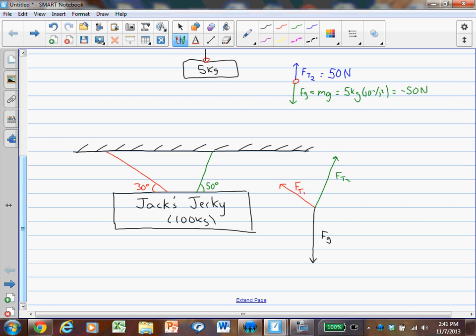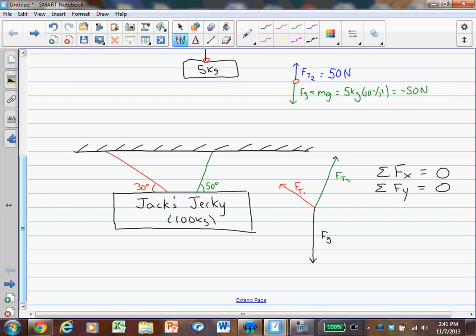So there's our free body diagram. Now, because it's in equilibrium, the sum of the forces in the x direction has to equal 0, and the sum of the forces in the y direction equals 0.